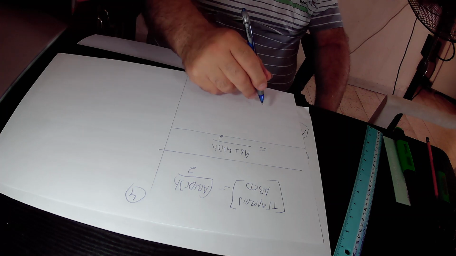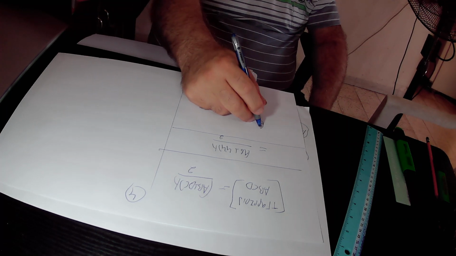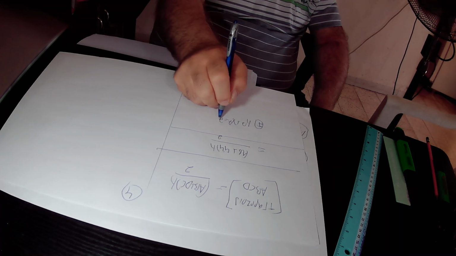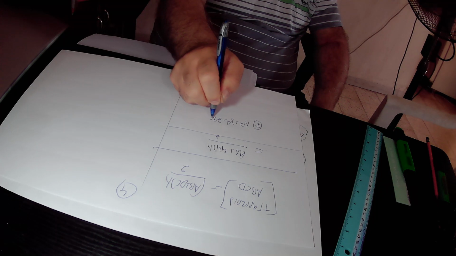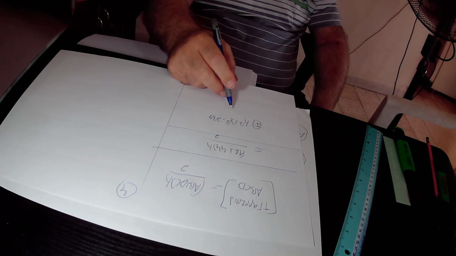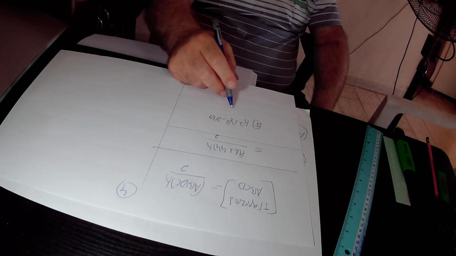According to equation 1, we have already found out that h squared plus x squared equals 289. We already found out that x equals 8. If x equals 8, it means that x squared equals 8 squared, that is 64.